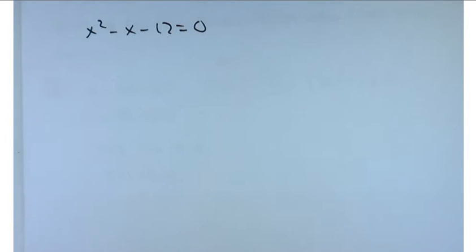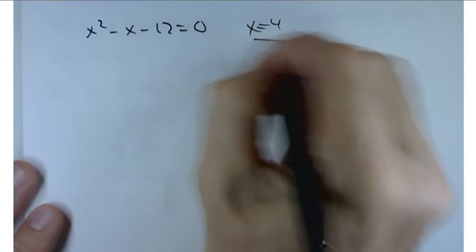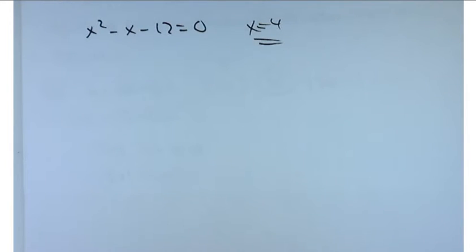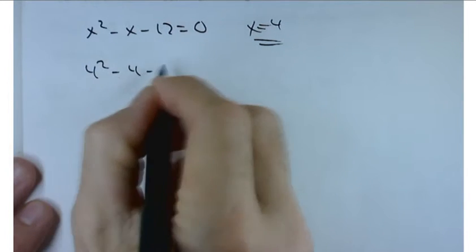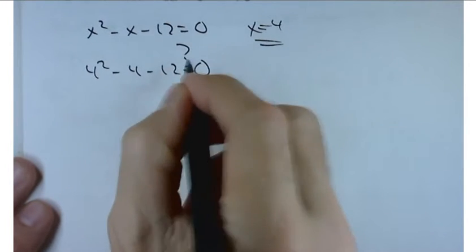I mean, moving the 12 around is really not the way to solve this one. With what you guys might know at this point, some of you might be able to solve it, some of you might not. But no, you wouldn't want to do it that way. Trust me. If I give you a problem like this, what I would expect would be 4 squared minus 4 minus 12. Test it that way.